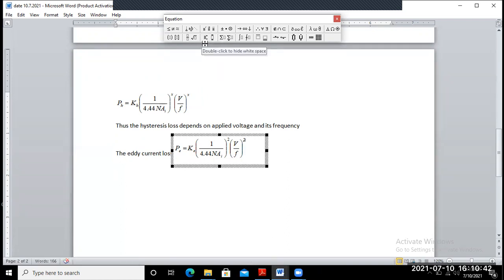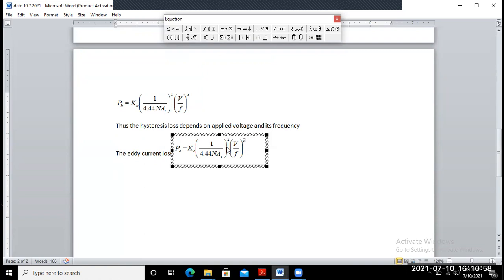So for any transformer, the number of turns and core area are constant. So this one is almost constant. That means it is only proportional to V square.